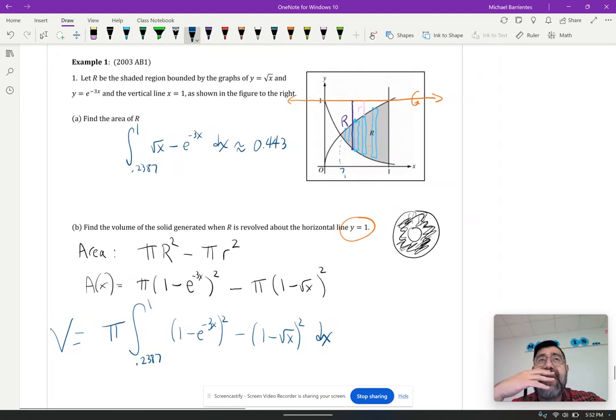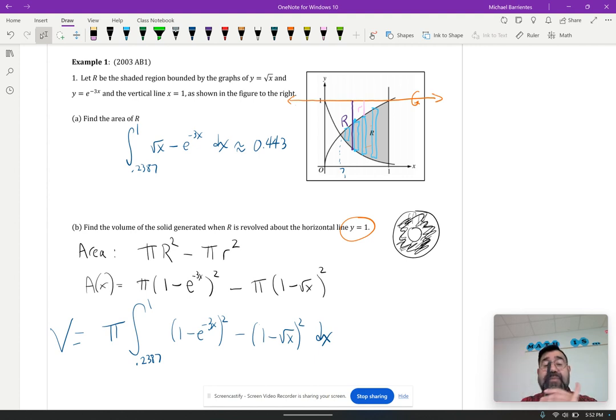We need to be detail oriented and figure out which way we are rotating that shaded space. Are we rotating it around a horizontal axis or a vertical axis? One is going to lead me to a setup that's in terms of x, and one is going to lead me to a setup that's in terms of y.